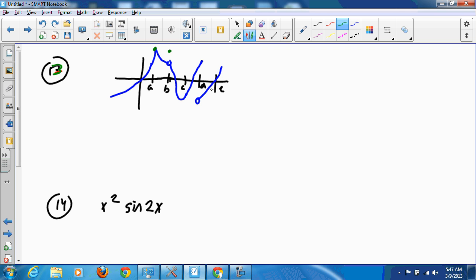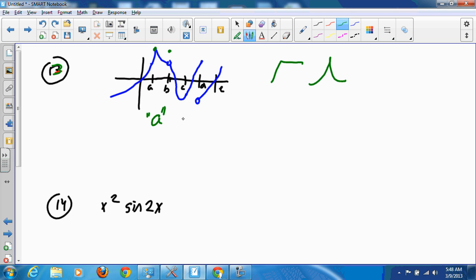The question is asking us, where is it continuous but not differentiable? Well, we've already discussed that. So it looks like at point A, it's definitely continuous. They both have a limit. It approaches this value here, but you can't take the derivative when you have those sharp corners, like 90-degree corners or any kind of a cusp, anything like that.